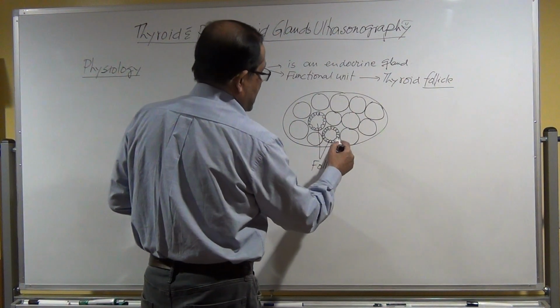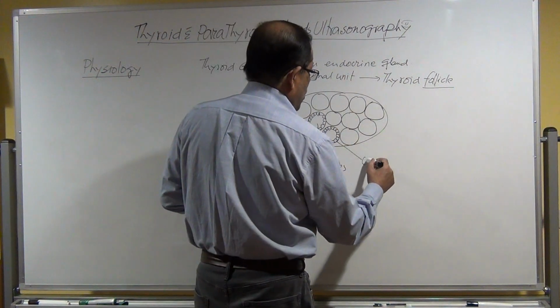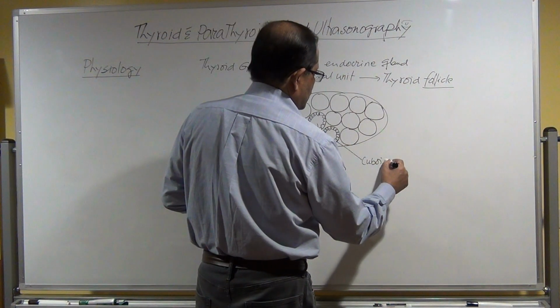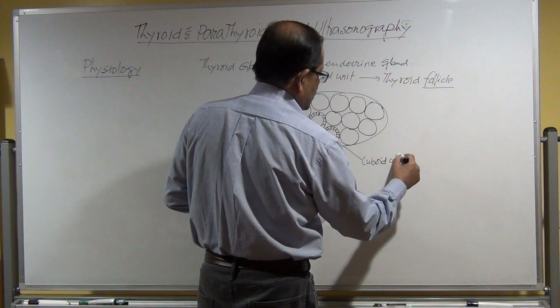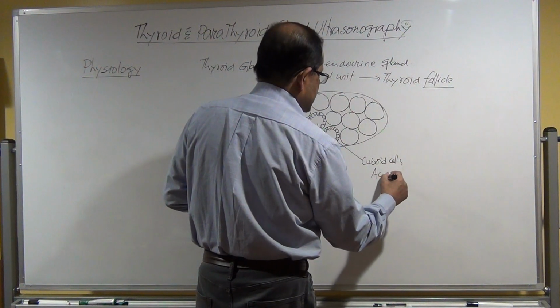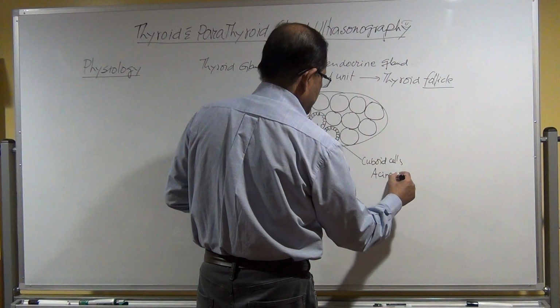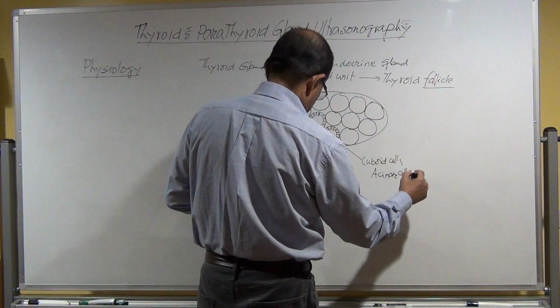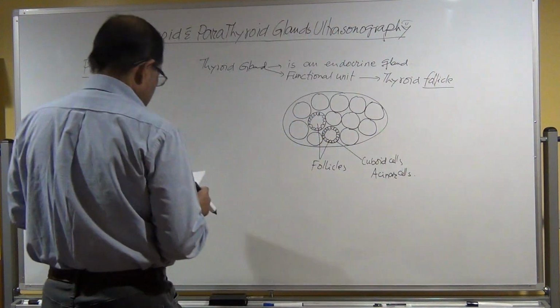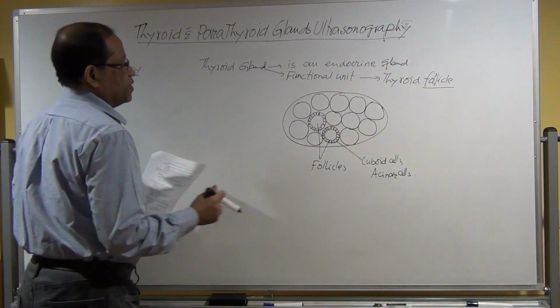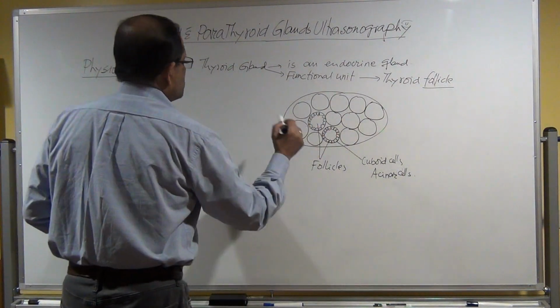Okay? So now, this is functional, the follicles. Follicles have the cuboid cell. You call it acinar cell. The follicle is responsible.